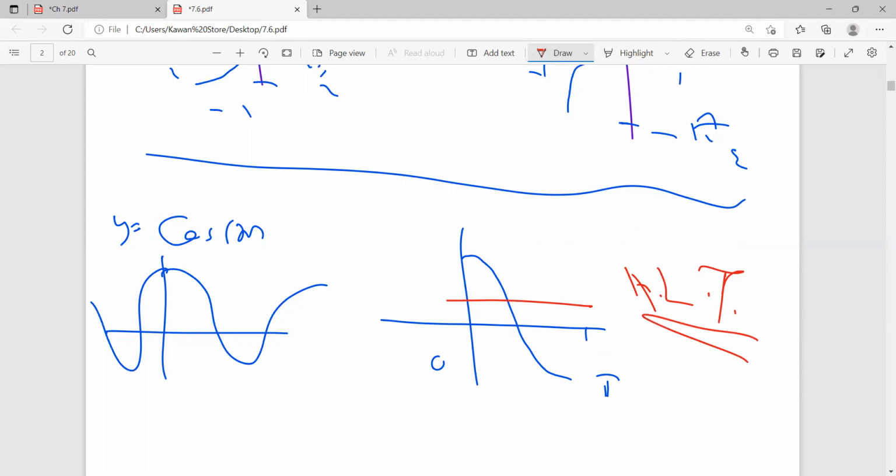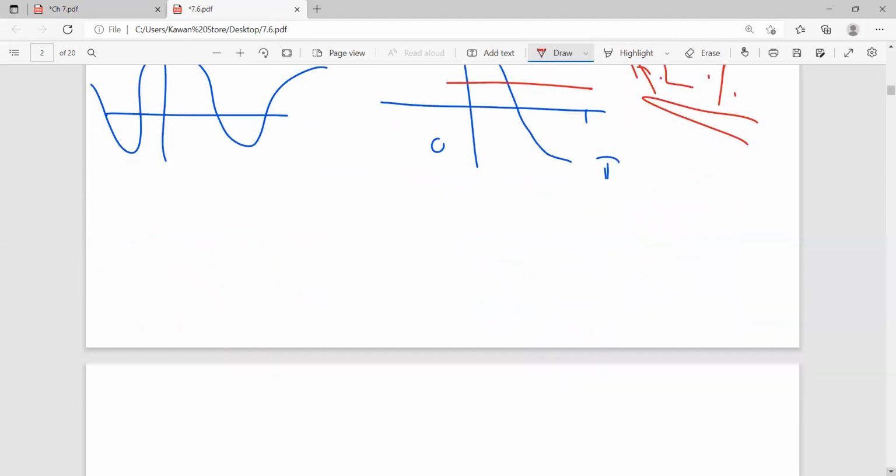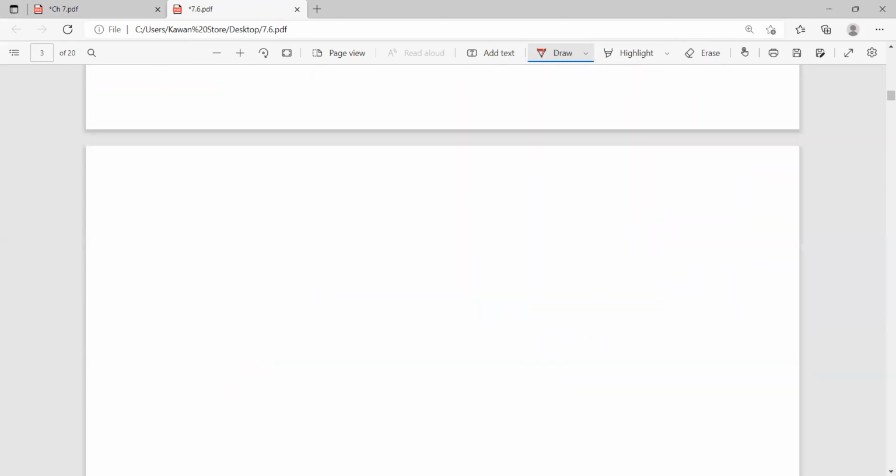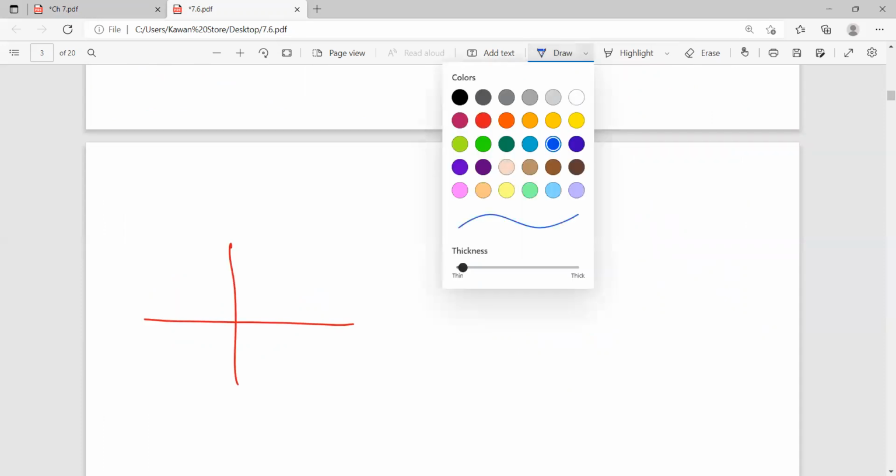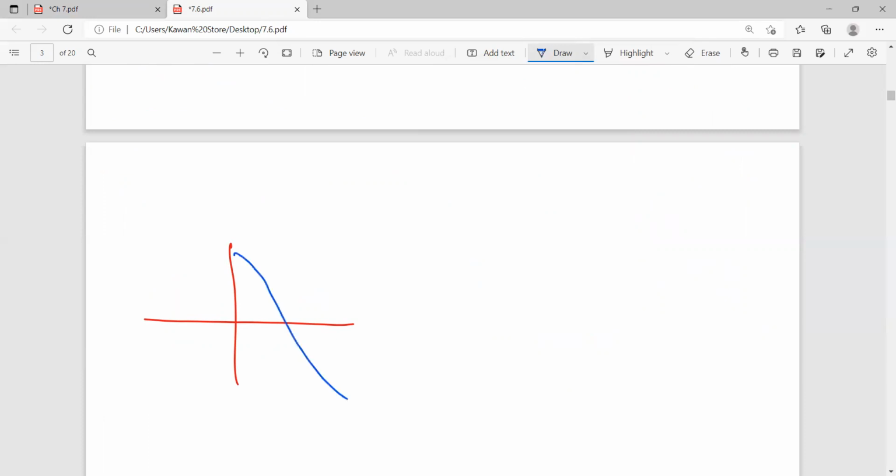Understood? Now I'm going to change my function. From 0, here's pi over 2, to pi. I'm going to select all the important points, and here you have 1 and -1 on the y-axis.